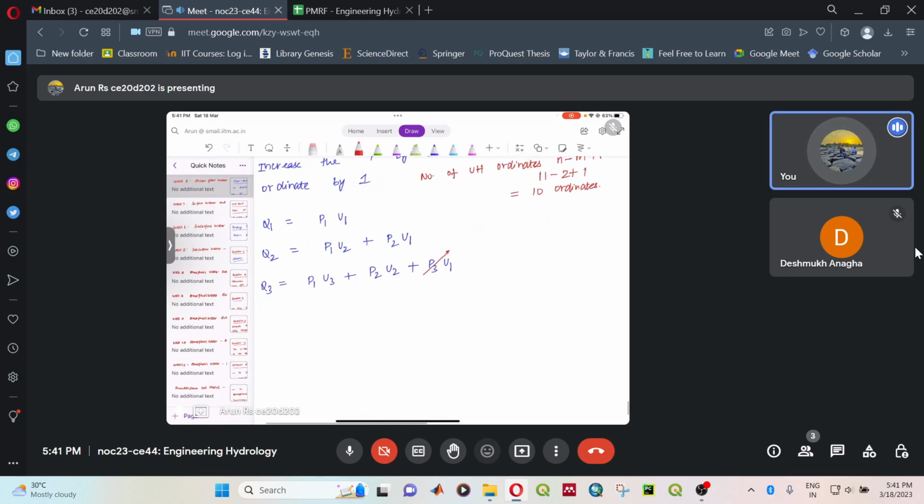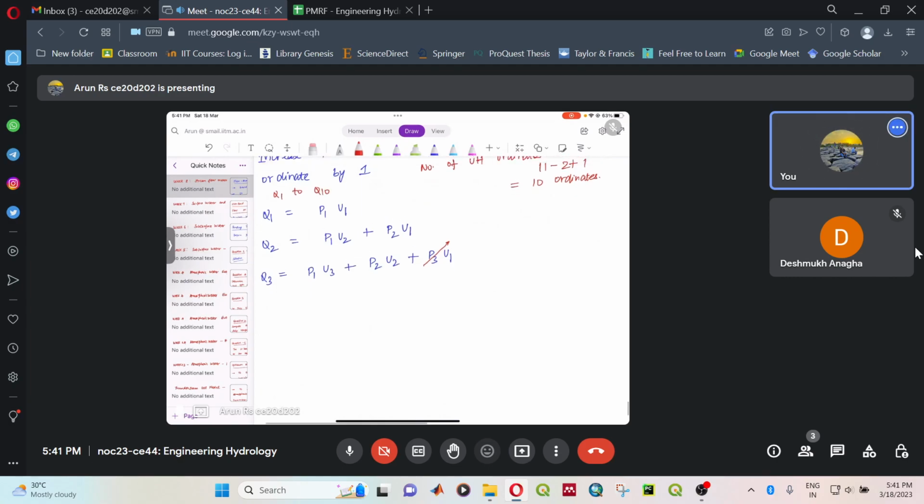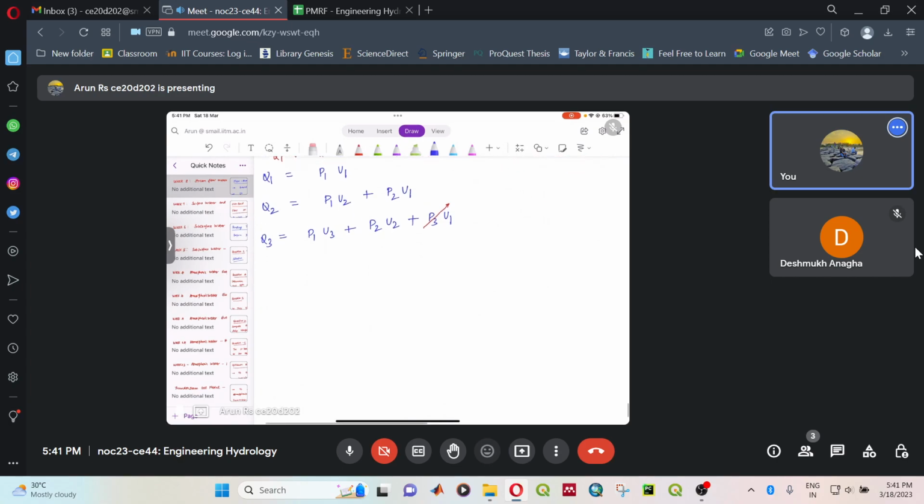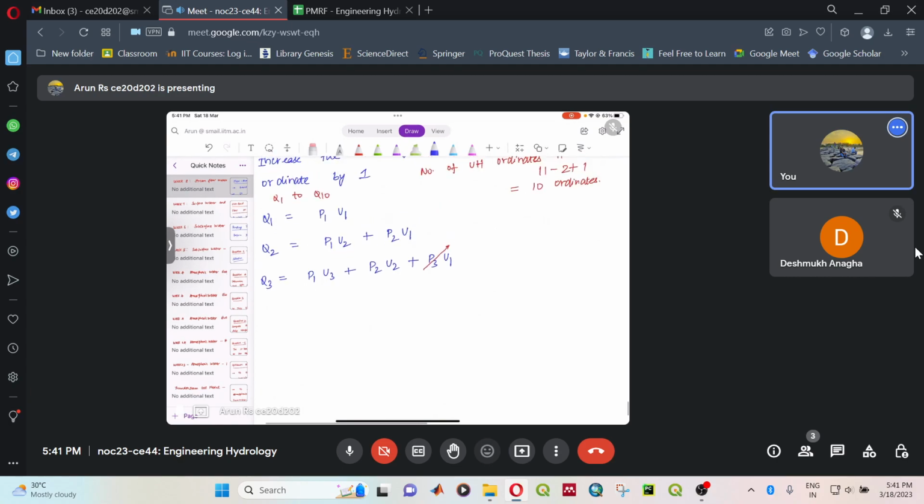So we need to write the equations for Q1 to Q10. And Q is nothing but your DRH value. So for the first equation, 0 is equal to P1, which is 2 centimeter, U1, which is equal to 0 meter cube per second.